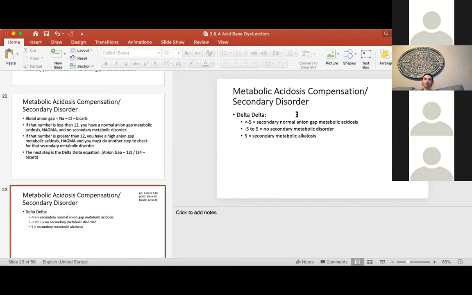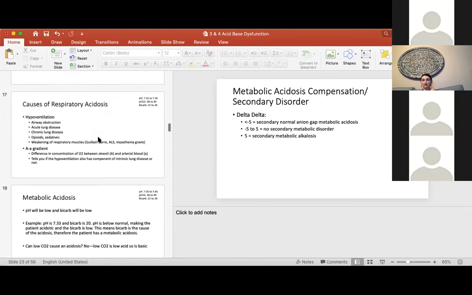So low delta-delta is a secondary metabolic acidosis. So you can have a metabolic acidosis with a secondary metabolic acidosis, or a secondary metabolic alkalosis if it is high. Does that make sense?